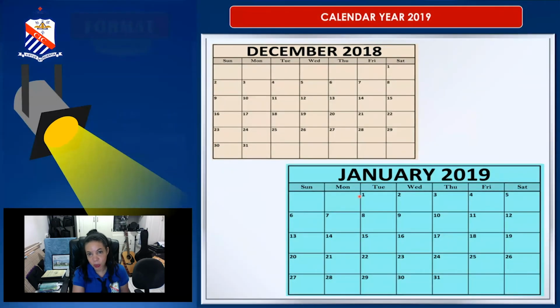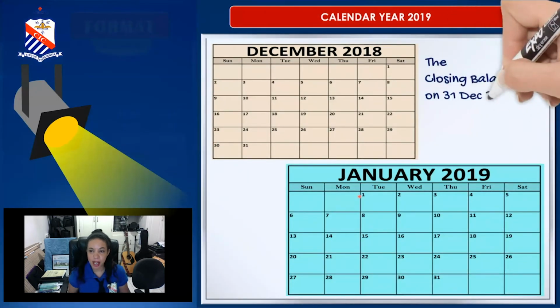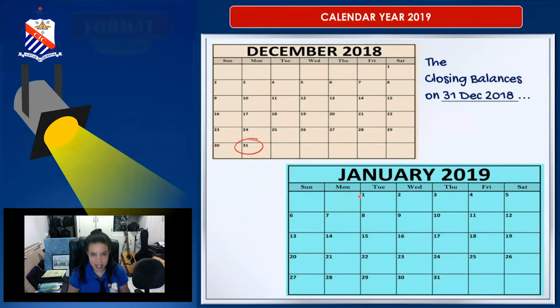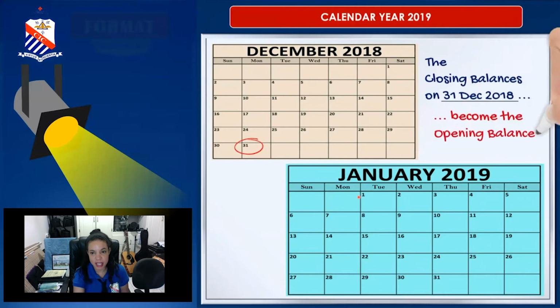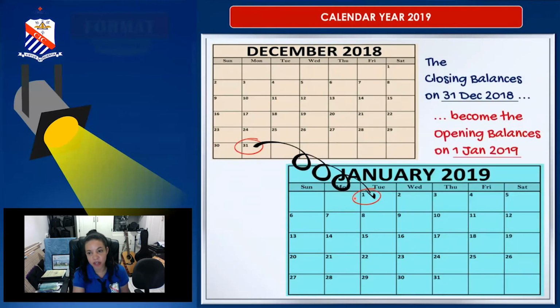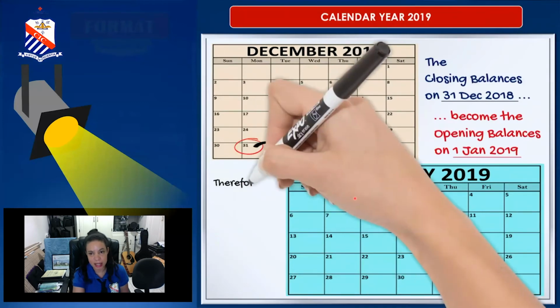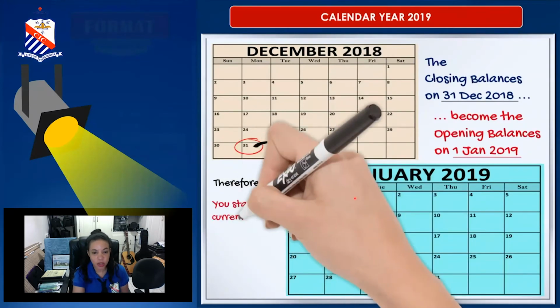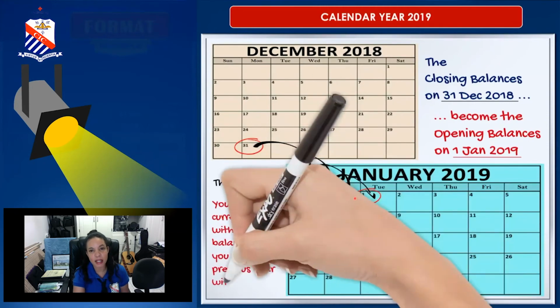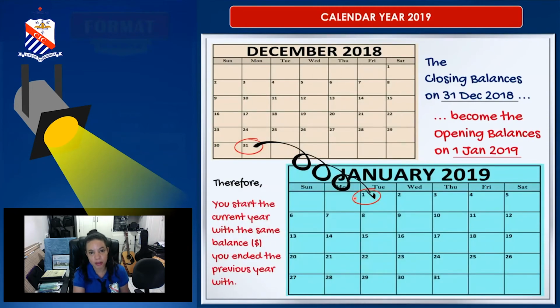So basically, the closing balance on the 31st of December 2018, the balances of that date become your opening balances for the 1st of January 2019. So therefore, you start the current year with the same balance you ended the previous year with. Yes? So I think that is clear for everybody.